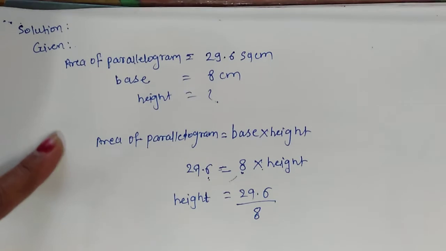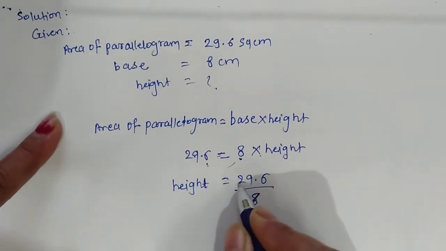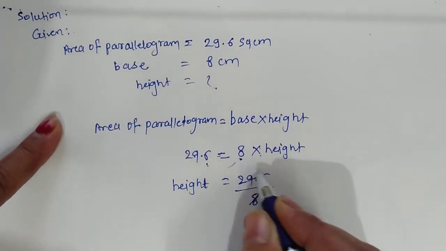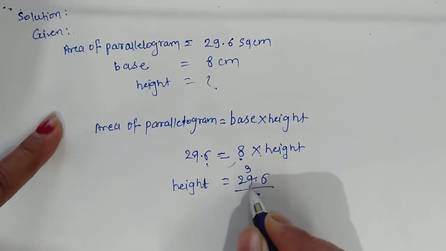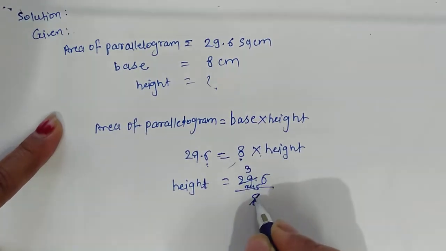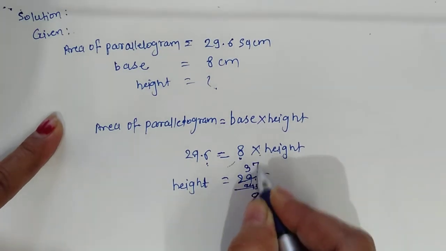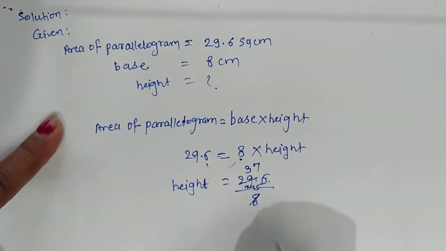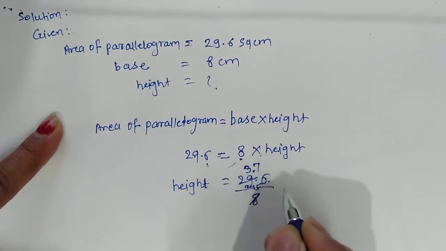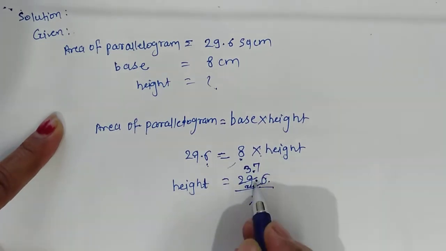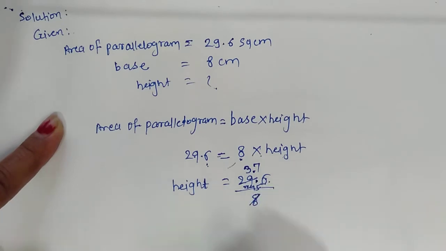Now take the division. 8 3s are 24. Subtraction is 5 and 8 7s are 56. So here give the decimal point because the area is having the decimal point.